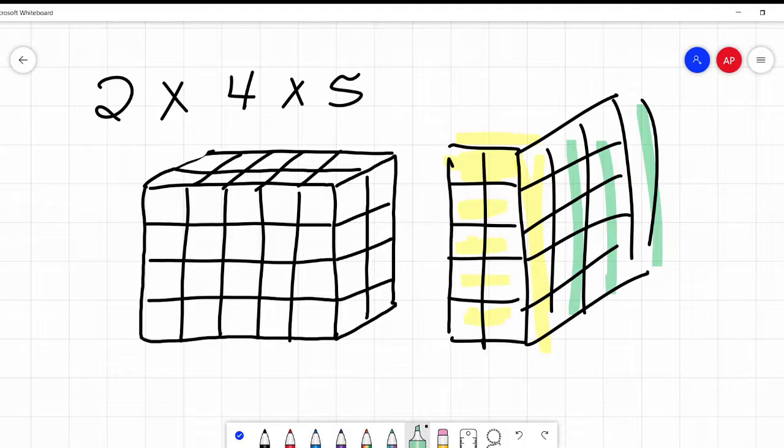So basically I'm describing how many tiny cubes are in this block. 2 cubes on this side, 4 cubes high, 5 cubes deep. And no matter how I spin that block in space, the number of cubes in it doesn't change. I now say, oh, this is the front, or this is the height, this is the length, this is the width. But the number of cubes inside doesn't change.